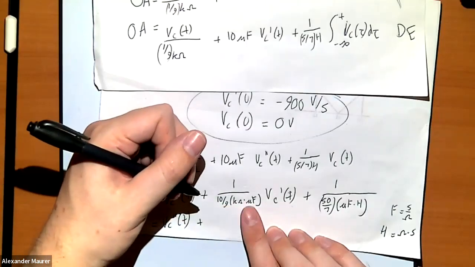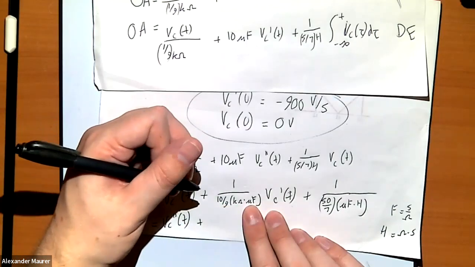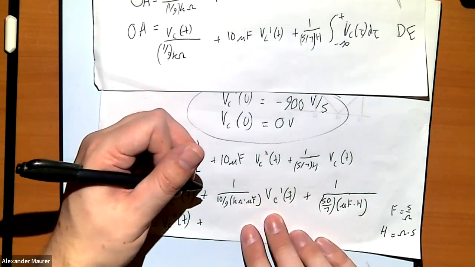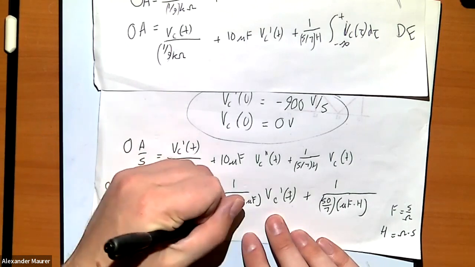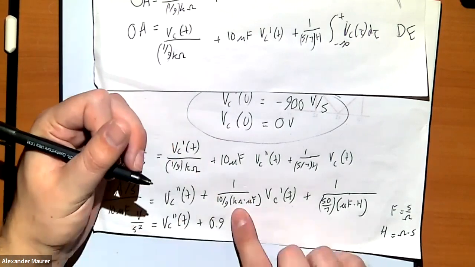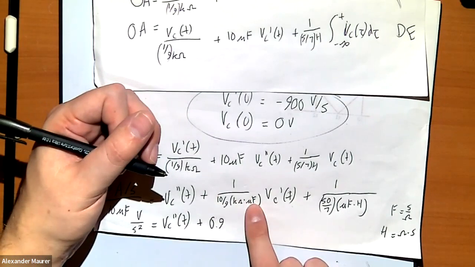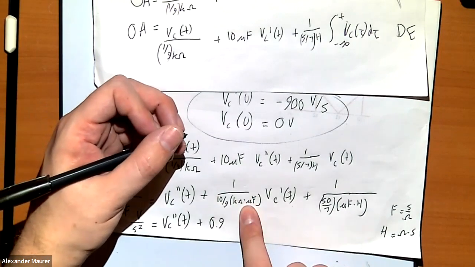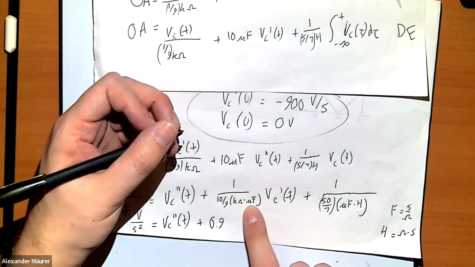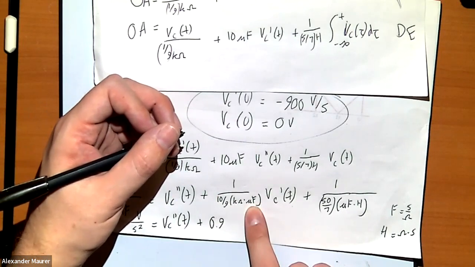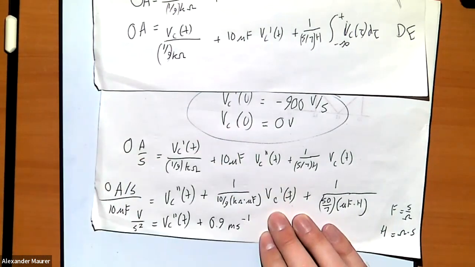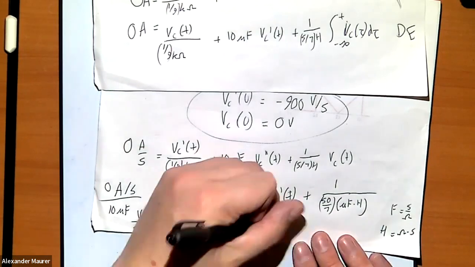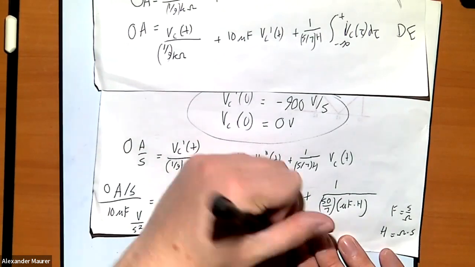10 ninths, so a kilo ohm times a microfarad is a millisecond. So if we flip this over, this is going to be 0.9. So kilo ohms times microfarads is milliseconds. So this is going to be milliseconds to the -1 VC prime of t.